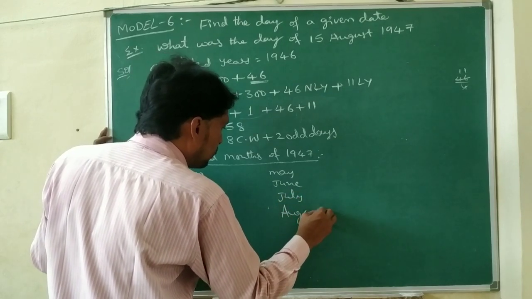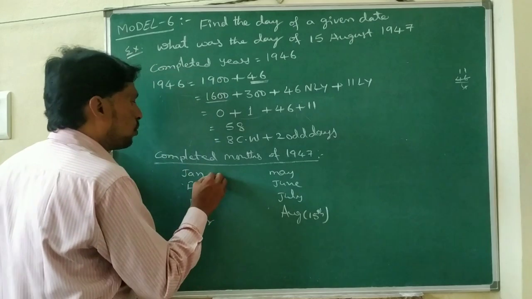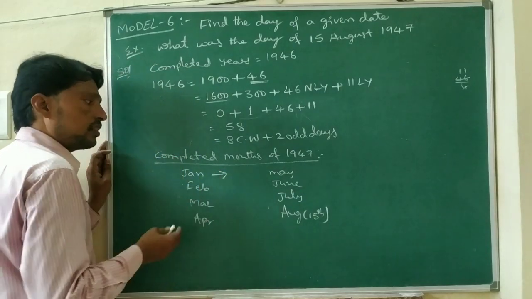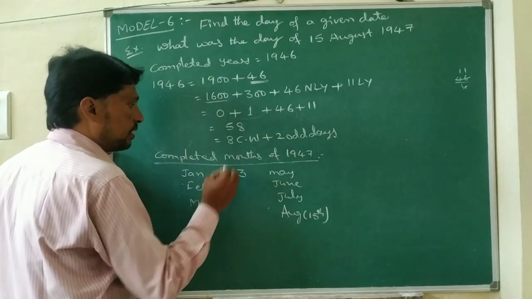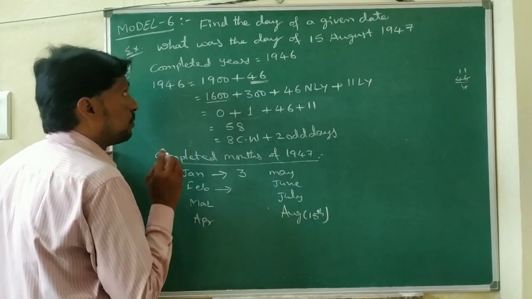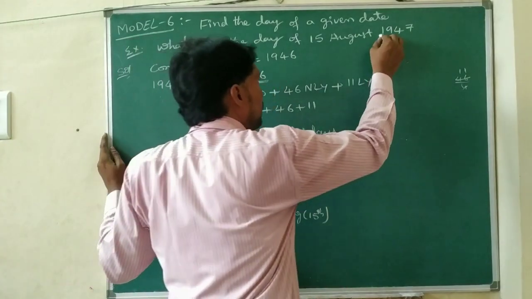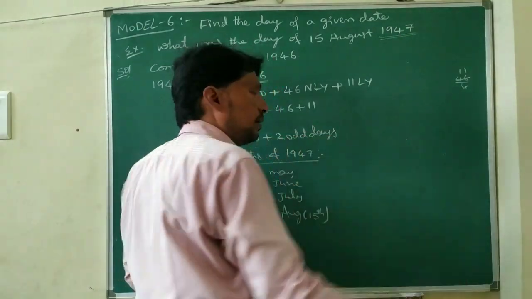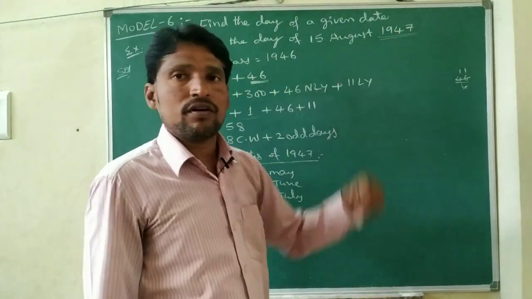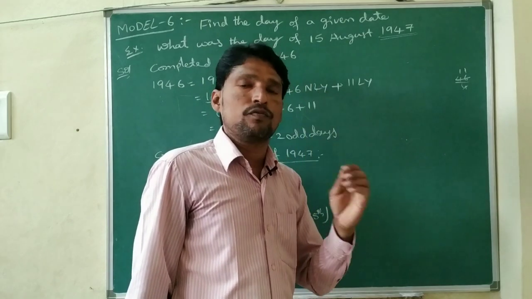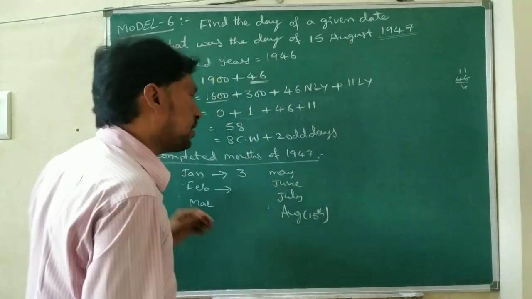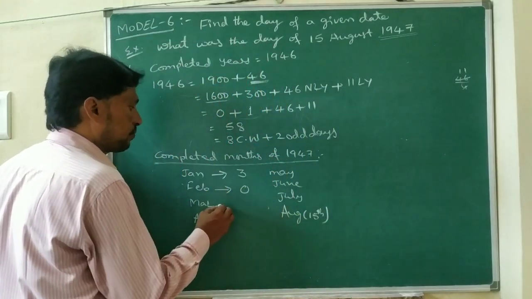August, up to the 15th only we need to take. How many odd days in the month of January? It will be 3. And for February, we need to see whether the year is a leap year or non-leap year. 47 is not divisible by 4, so it is a non-leap year, and for a non-leap year we get 0.